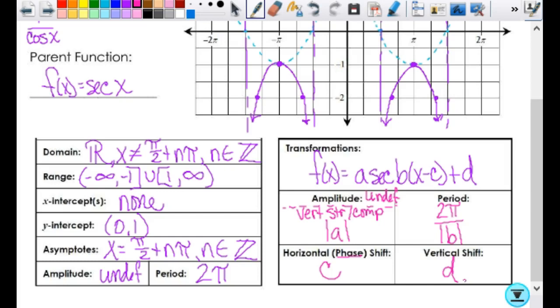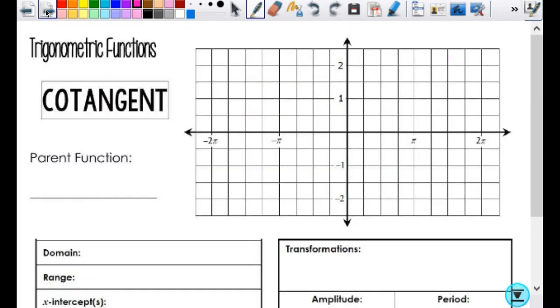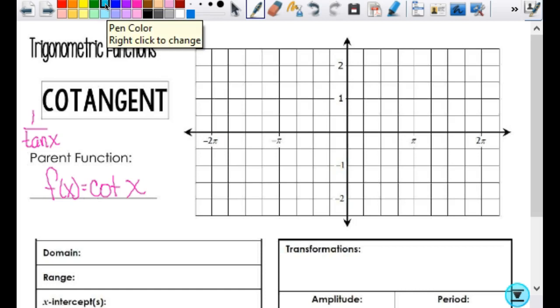All right, let's look at cotangent. So we know that cotangent is 1 over the tangent of x. So f of x is equal to the cotangent of x. So just like on the other ones, we are going to lightly sketch in our tangent.